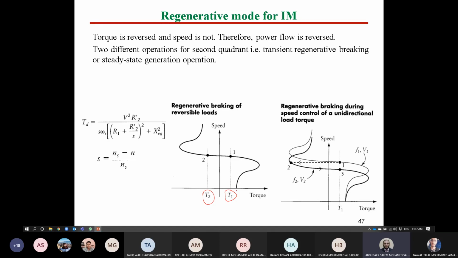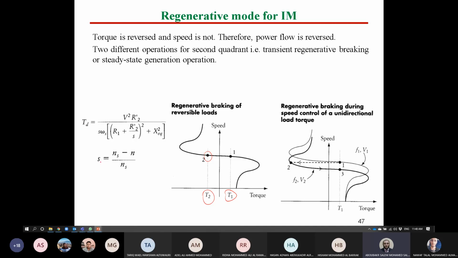So in this example here, at T1 this is the operating mode as a motor, and at T2 the machine operates as regenerative braking, or generator. So what will be the relation now? Of course, the developed torque is the same, no change in the relation of developed torque.